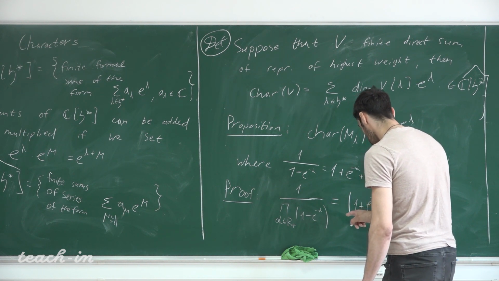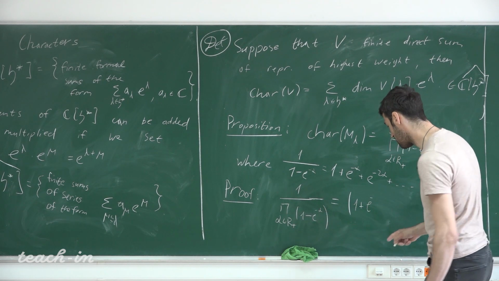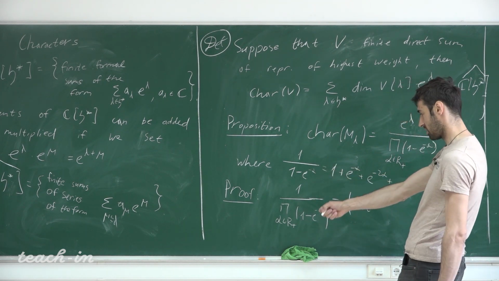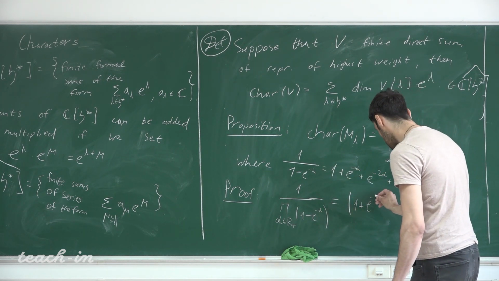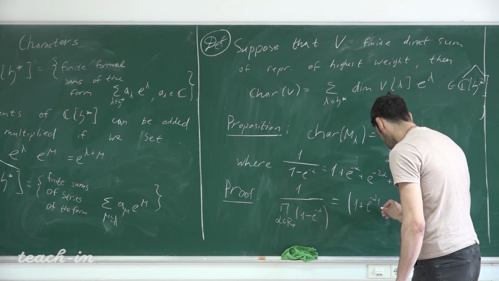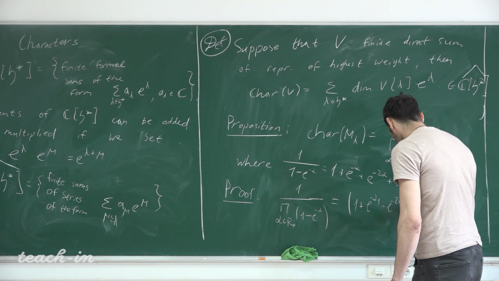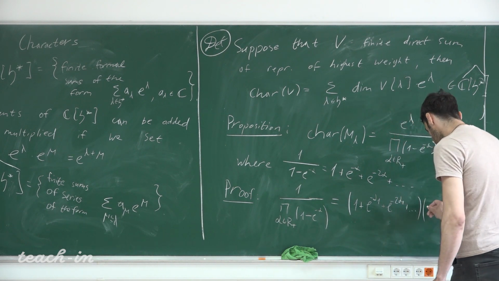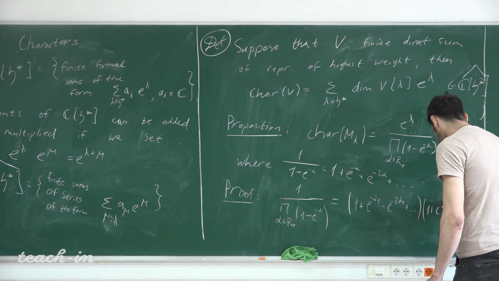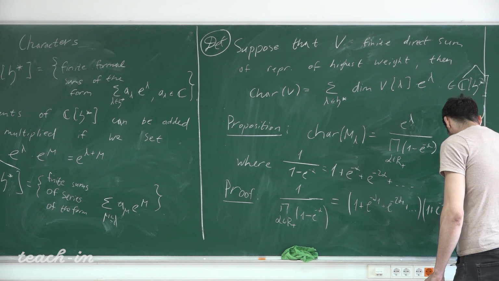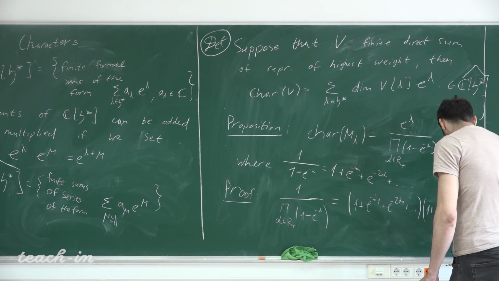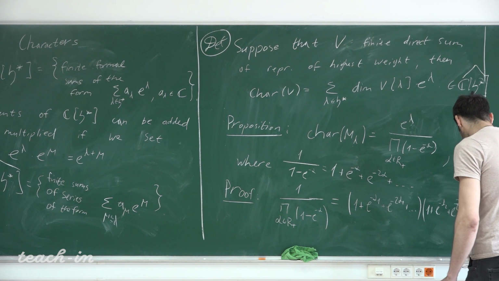So the first factor here is like that: 1 plus e to the negative alpha 1, e to the negative 2 alpha 1, and so on. The second factor is 1 plus e to the negative alpha 2 plus e to the negative 2 alpha 2, and so on.